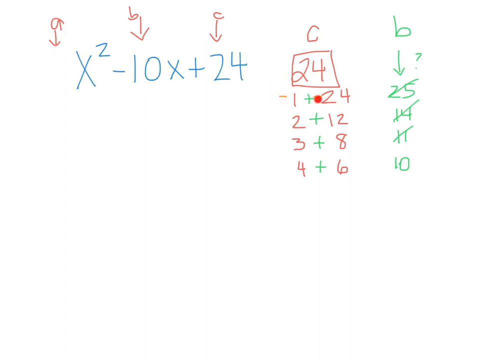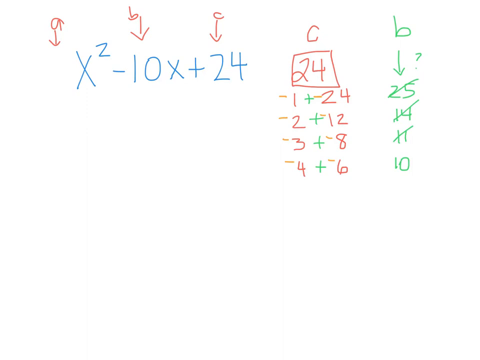Well, a negative times a negative is a positive. So 1 times 24 is 24. Negative 1 times negative 24 is positive 24. So we can go through and put negatives in, 2 negatives, it can't be just 1, and we will still get positive 24 for our C value.